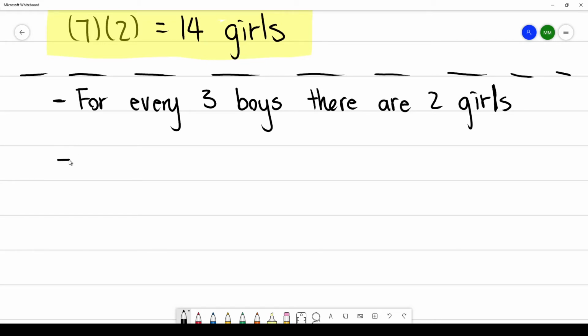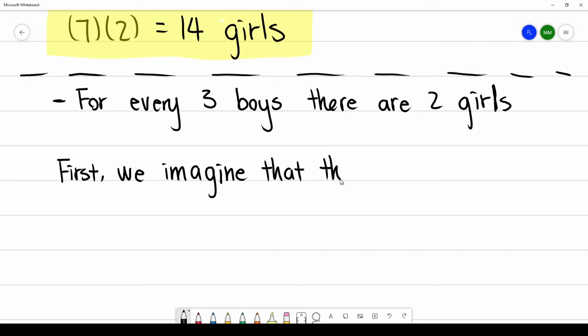First, we imagine that there are only 5 people in the class. Not 35, but only 5 people in the class.